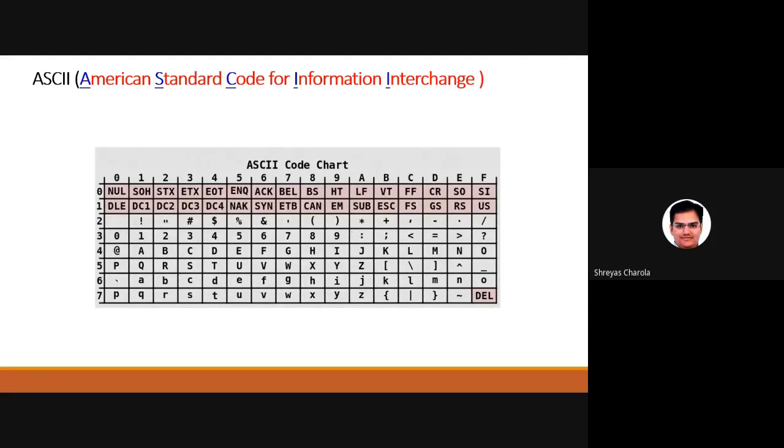Now I'll ask you one thing: your keyboard always looks like a horizontal layout. Does anyone know the reason behind that? Whenever you press any key, let's suppose you press G as an alphabetical character, that character should go and display on the monitor.